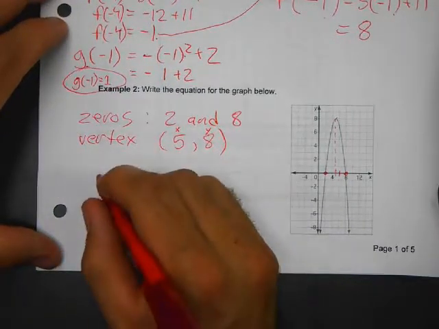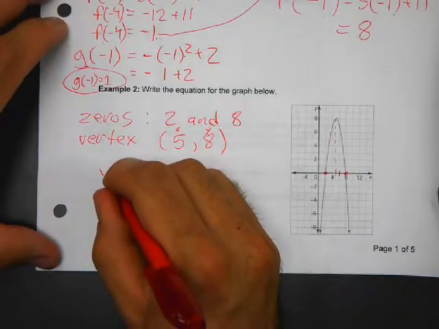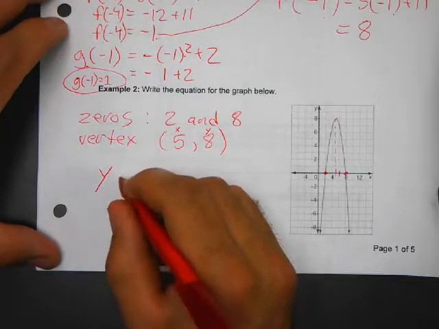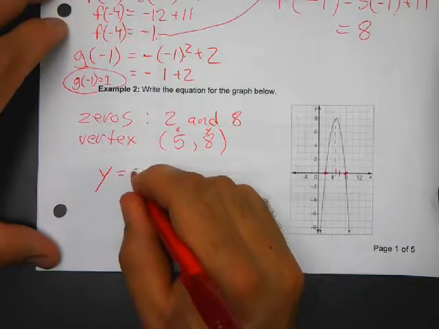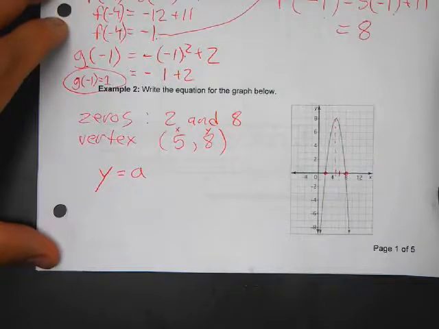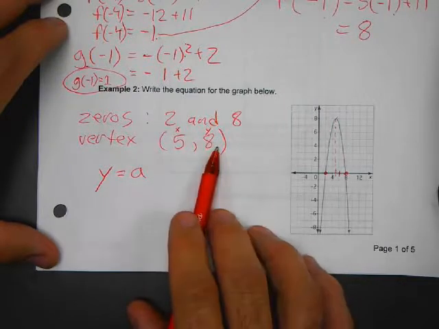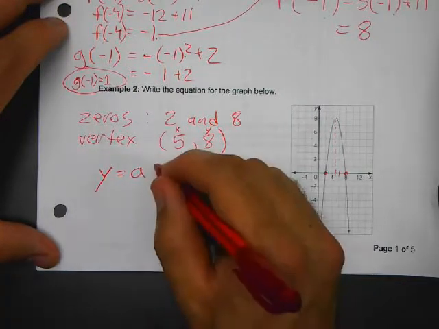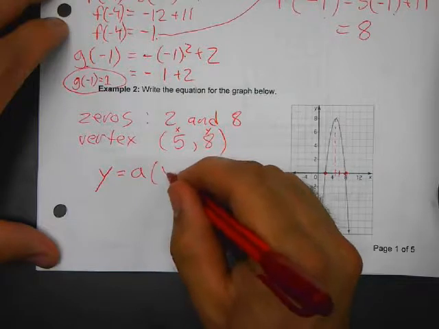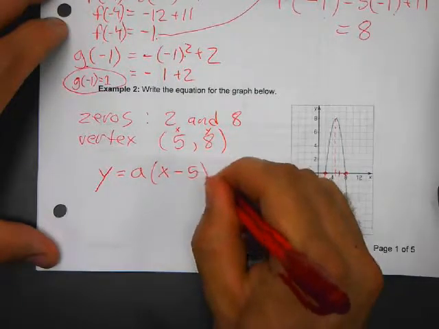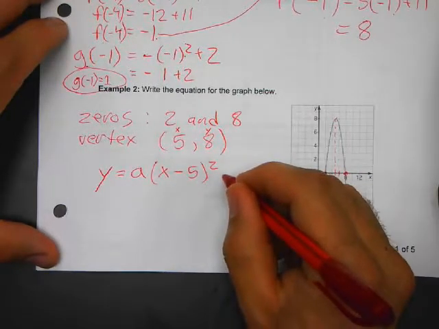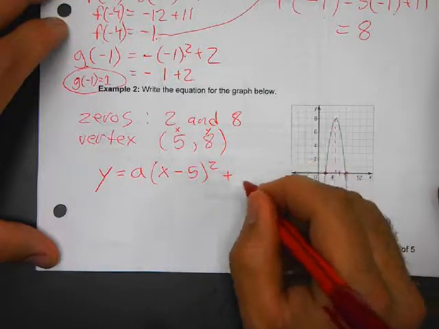I'm going to write down vertex form of this parabola. It's going to be y equals some a value that we don't know yet. If the vertex is at 5 and 8, it would be x minus 5 all squared, and then a plus 8 at the end.